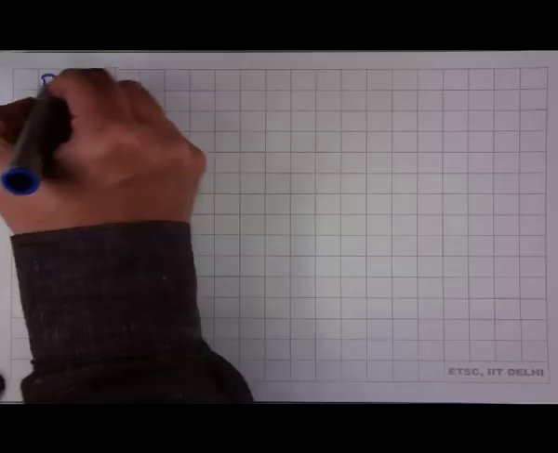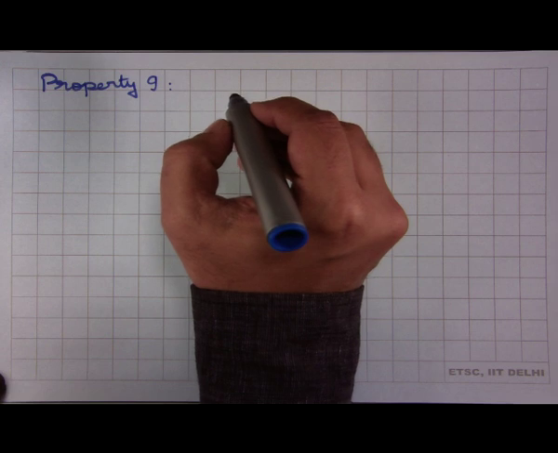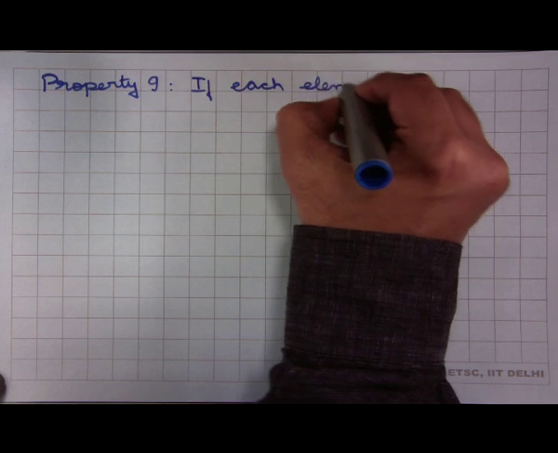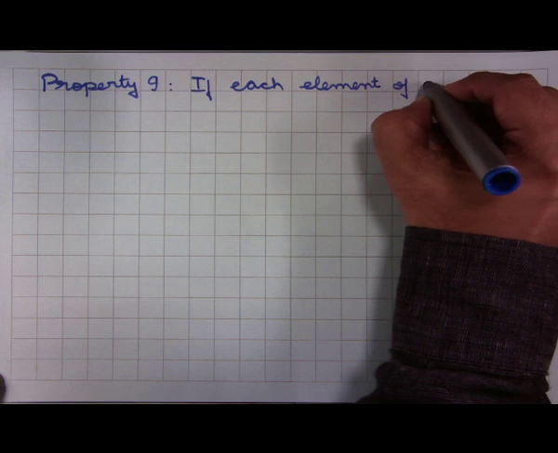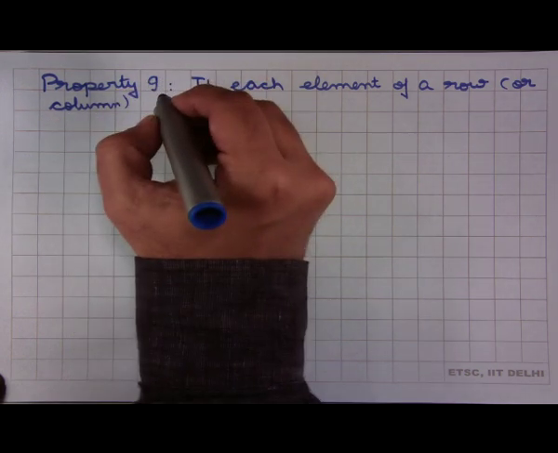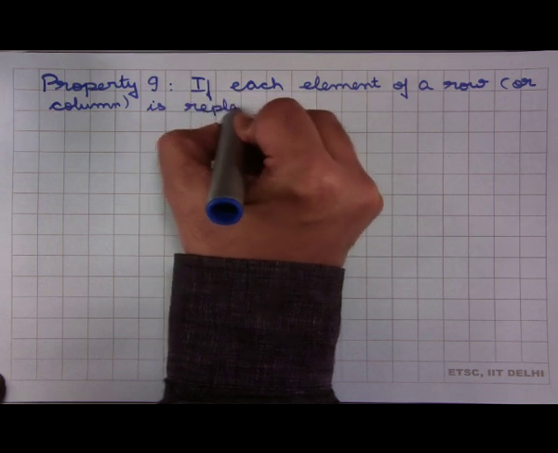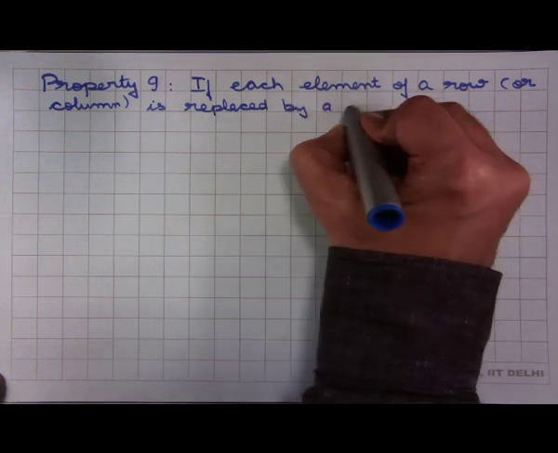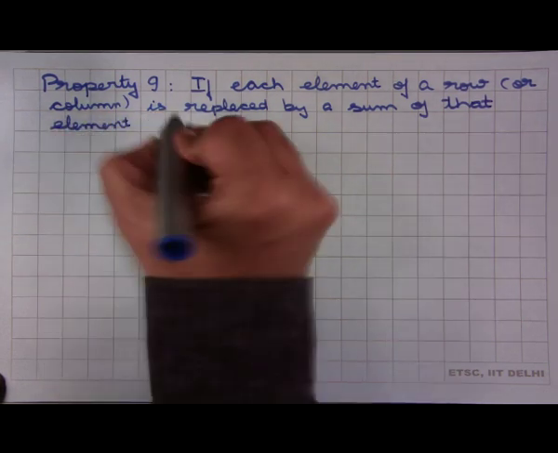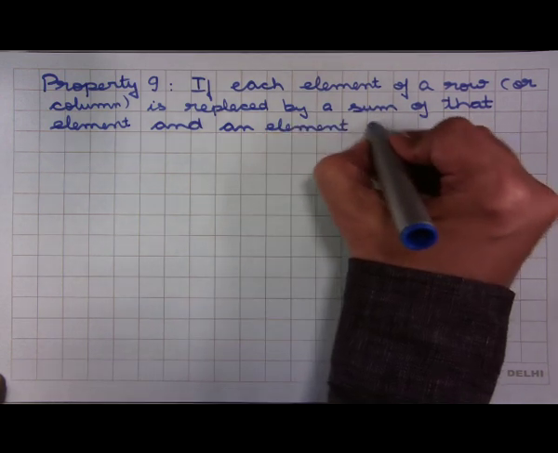So, this is property 9, and property 9 is that if each element of a row or column is replaced by a sum of that element and an element of another row.